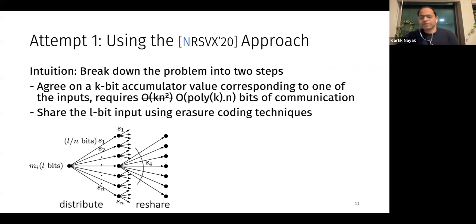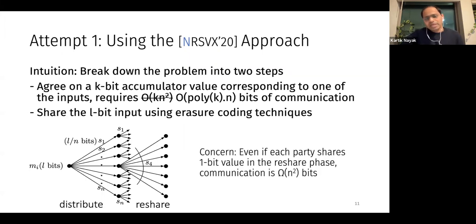Observe that with the earlier approach, if we concentrate on the reshare step, the reshare step requires all-to-all communication. Even if each of these parties sends at least one bit, the total communication incurred is omega n squared, and that's too high for us. We want everything to be subquadratic. In general, if there are n different shares, this is always going to happen.